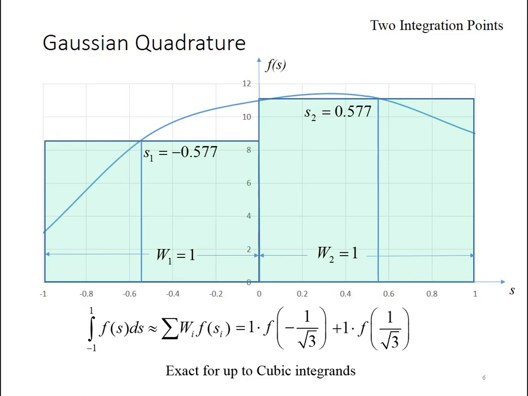This gives me an exact result for up to a cubic integrand. So quadratic and cubic would both give exact results for 2 integration points over the range of -1 to 1.